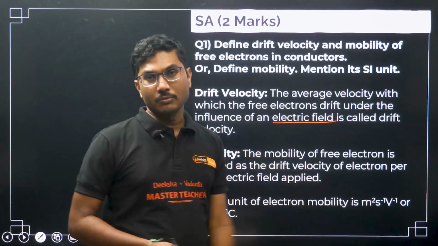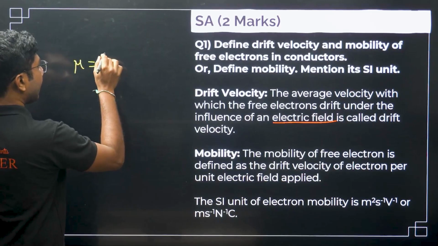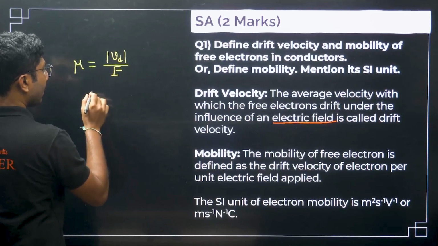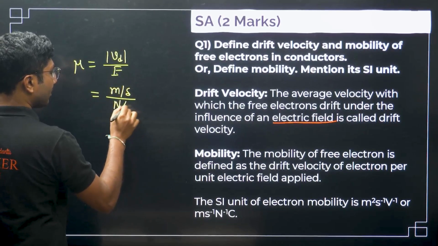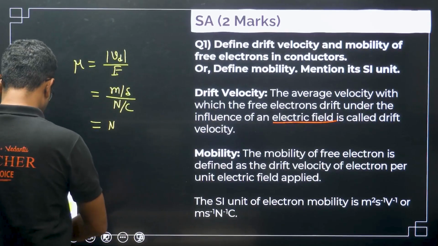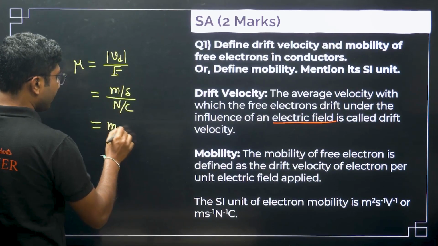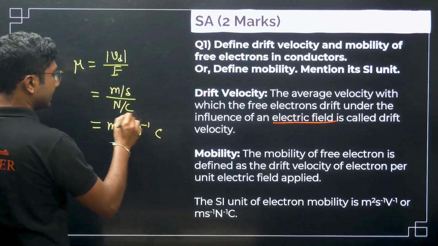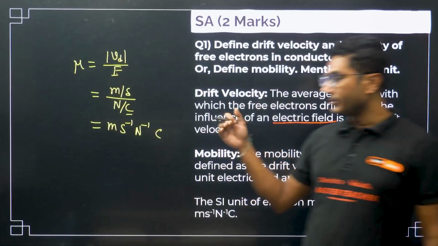Now drift velocity is meter per second and electric field is Newton per Coulomb. So you can write meter per second divided by Newton per Coulomb, and Coulomb is in the division, so it will go up and become plus 1. So this is how you can write the unit as well.